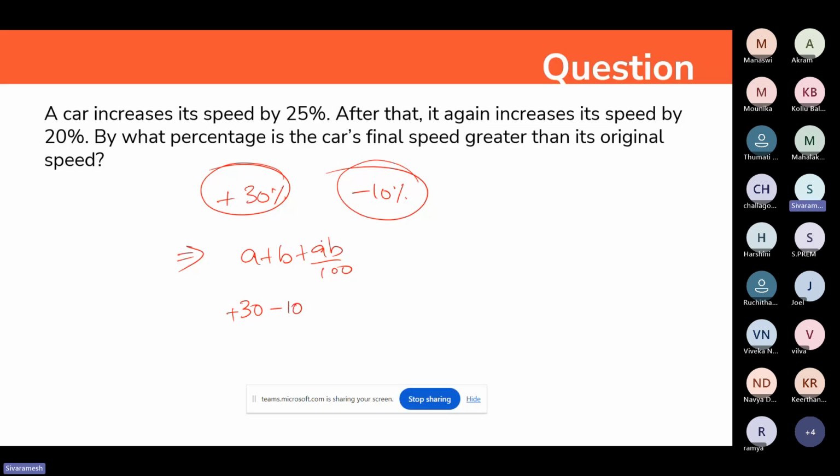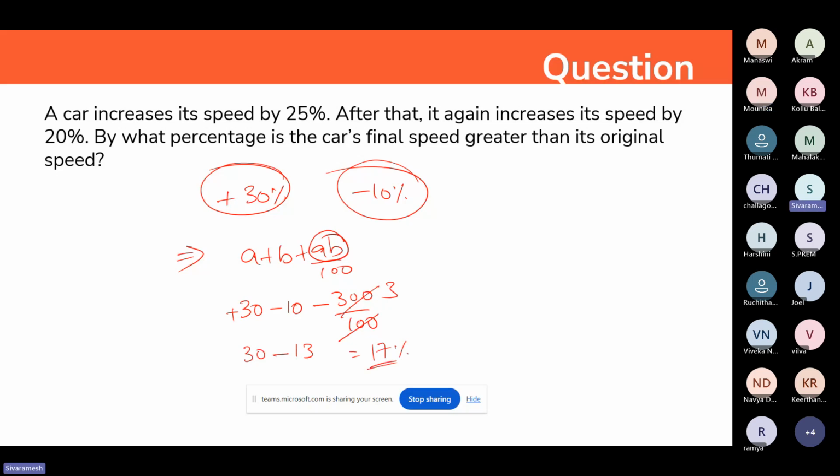Now for ab, plus 30 into minus 10, plus into minus gives minus. So 30 tens are 300 by 100, so 100 three times, that is 3. Now you need to subtract: 30 minus 10 minus 3, so minus 13. What is 30 minus 13? It is 17%. Yes, very good.